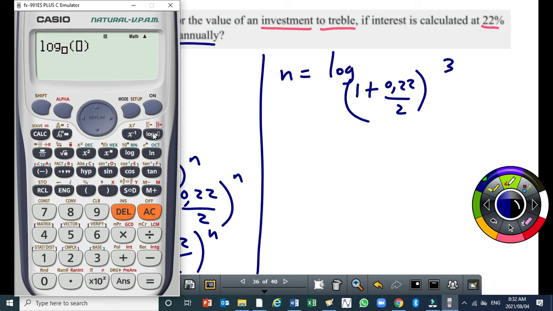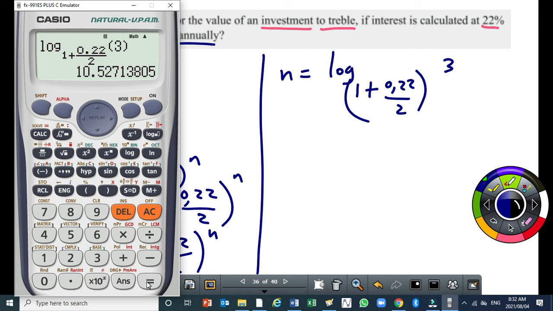Logarithm function, the base, 0.22 over 2. Then you get 10,527.